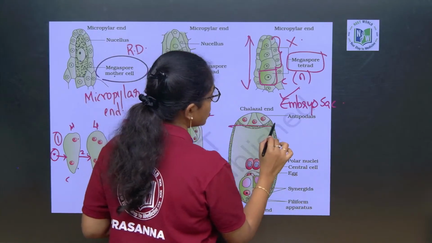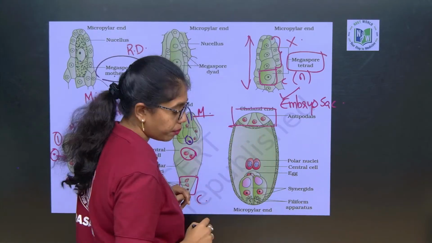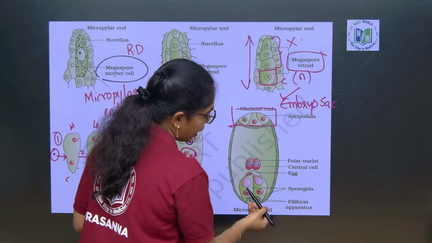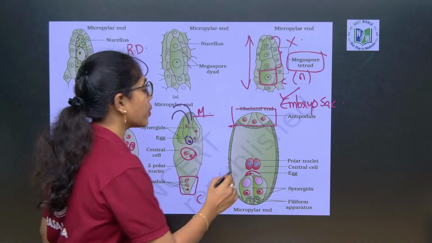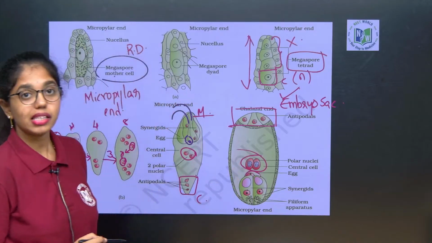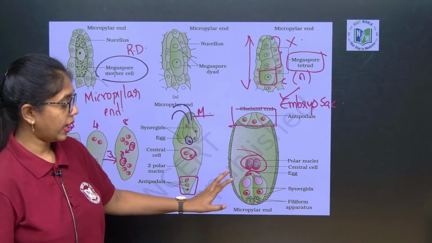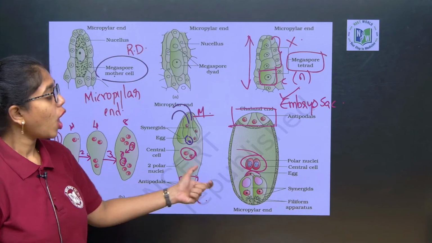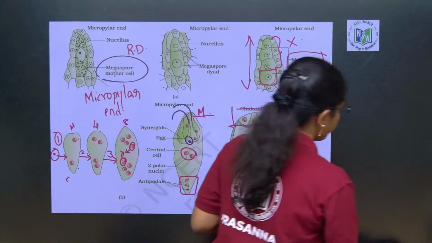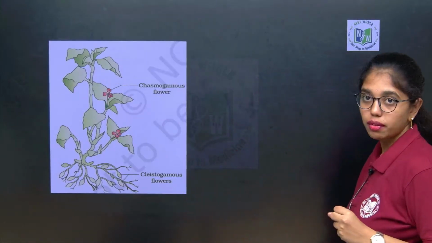Towards the chalazal end you can find 3 antipodals, towards the micropylar end 2 synergids and 1 egg cell, and at the center you can see the central cell with polar nuclei. So, this is 7-celled 8 nucleated condition of embryo sac. I hope it is a very quick revision for you people.